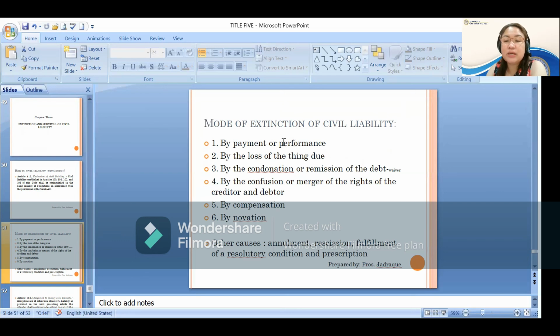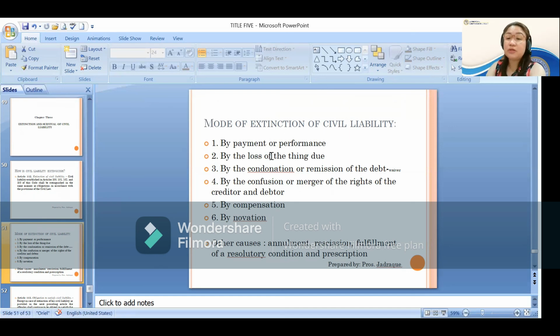In other words, if you are ordered by the court to pay this amount as damages, if you pay, the civil liability is extinguished. Or if the damages require you to perform something, it is extinguished by your performance.